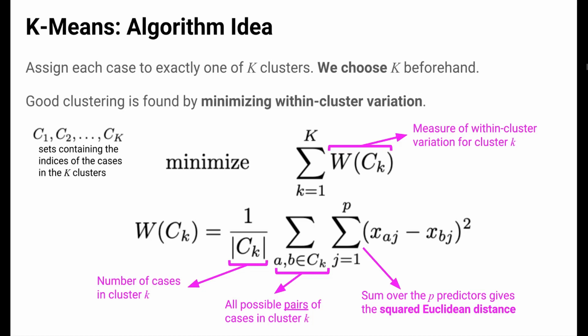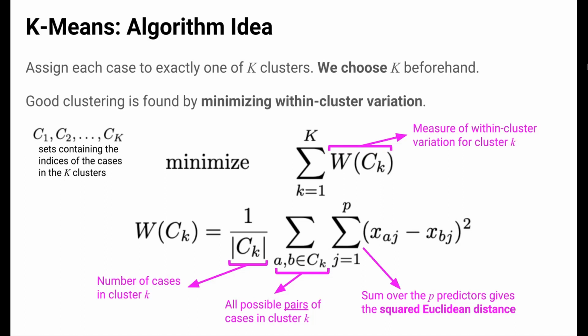So the idea behind minimizing within cluster variation is that we want the distance between cases in a cluster to be as small as possible. That is, we want cases in a cluster to be as similar as possible. So we try to capture this mathematically with a quantitative measure of within cluster variation, this WCK, as shown at the bottom.